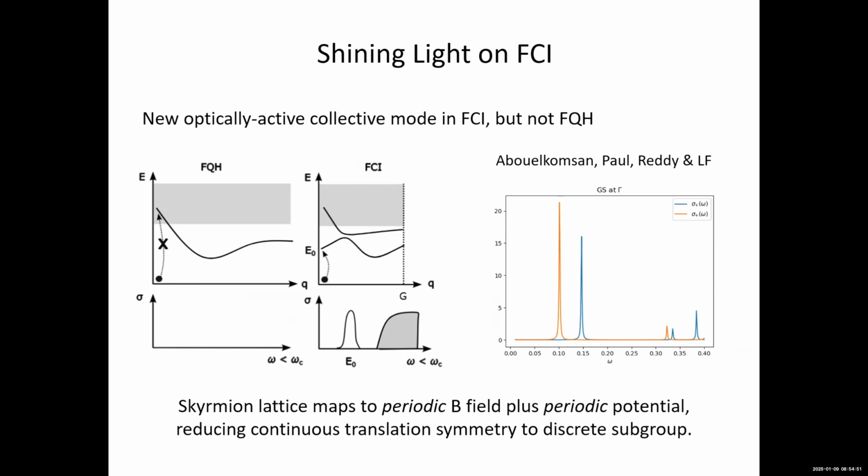To a zeroth order approximation, we can think of these fractional Chern insulators as a fractional quantum Hall liquid in the presence of a symmetry breaking perturbation, a periodic potential and a periodic magnetic field. Therefore, we expect all these collective modes to be folded back into the lattice Brillouin zone.